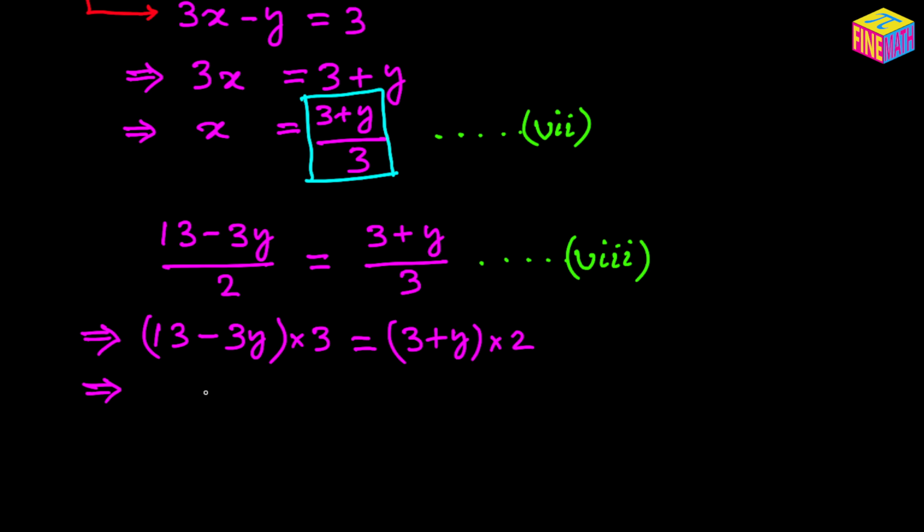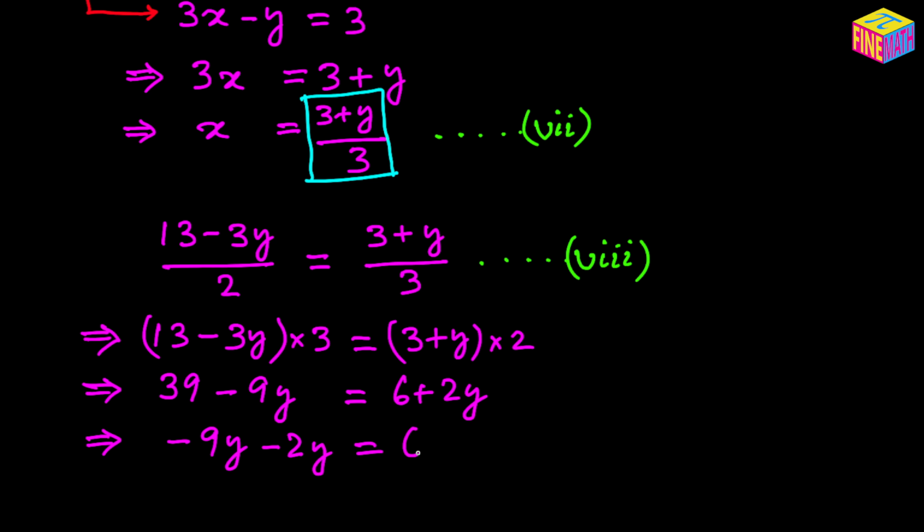And from here let's remove the parenthesis, so that it would be 39 minus 9y is equal to 6 plus 2y. And from here if we keep the negative 9y on this side, and let's bring the positive 2y to this side also, so it becomes negative 2y, is equal to 6, and then 39 going to the right hand side becomes negative 39.